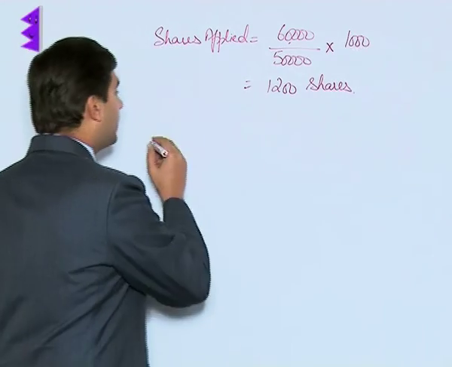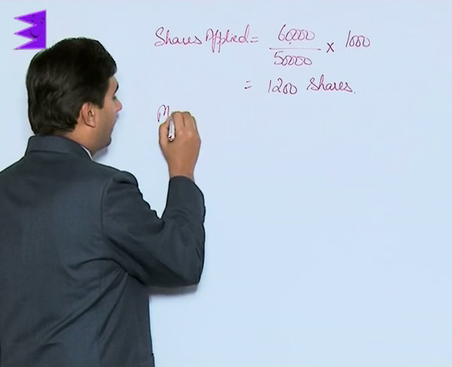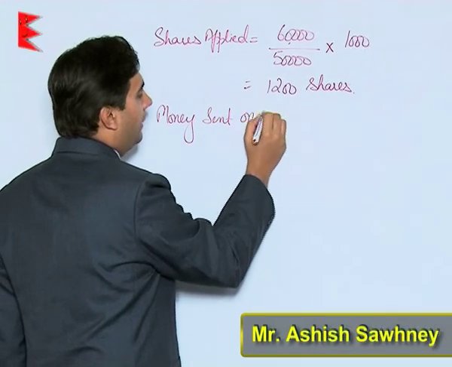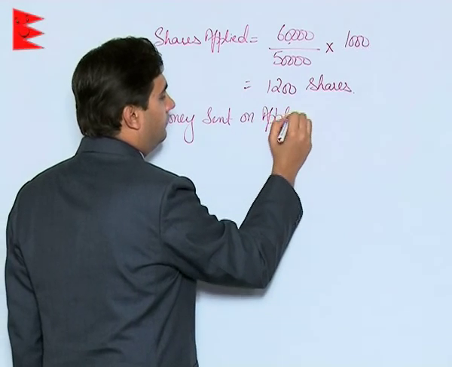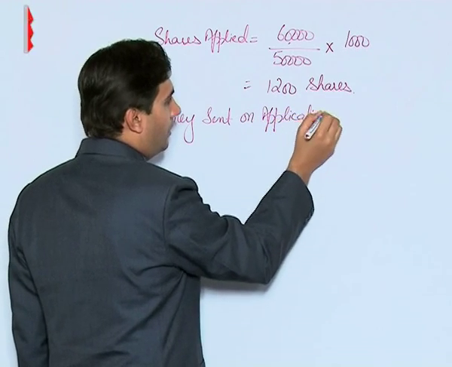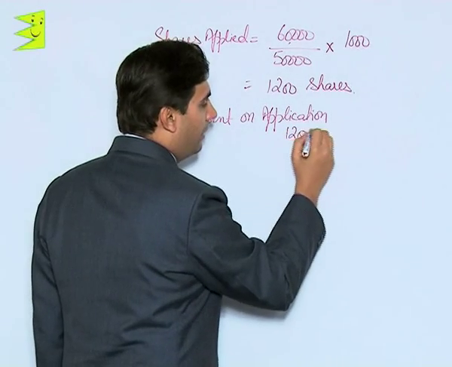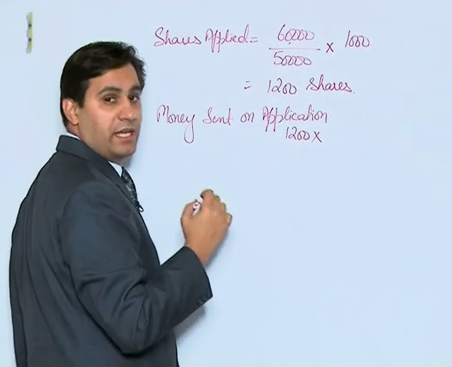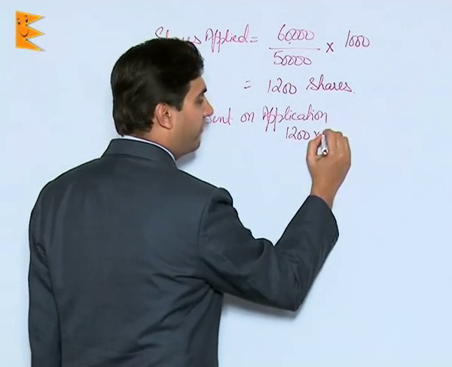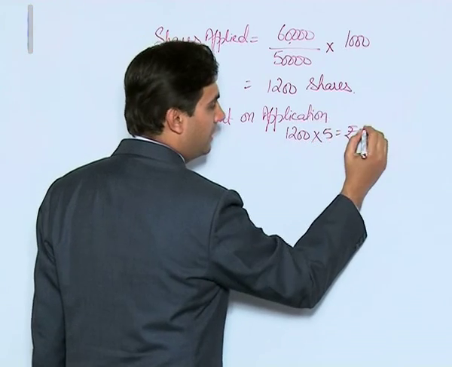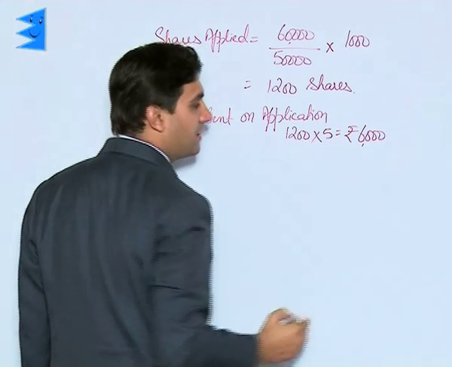Now, the next step is to calculate money sent on application. This particular individual who had applied for 1200 shares had sent us an application money of rupees 5 for 1200 shares, that means he had sent rupees 6,000.